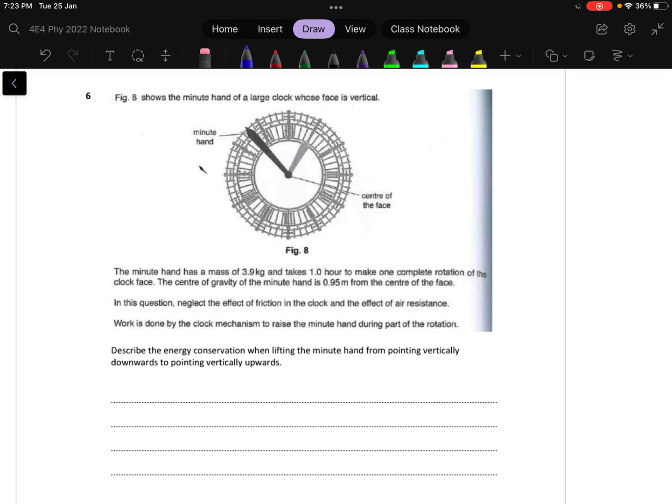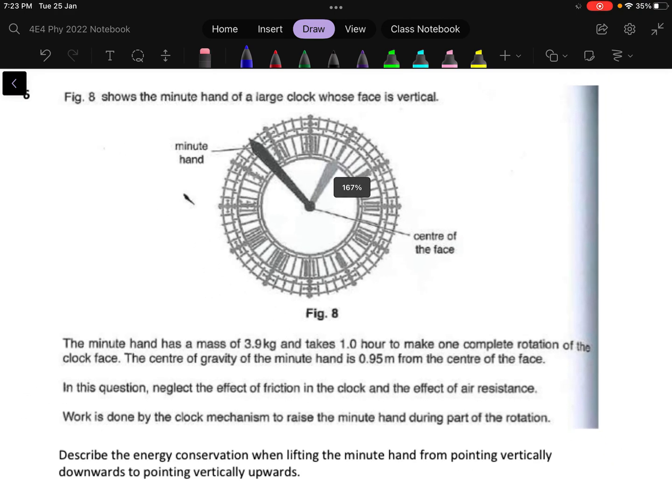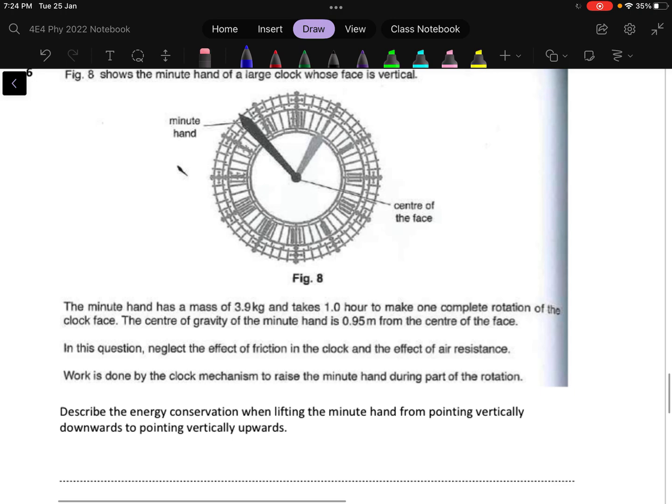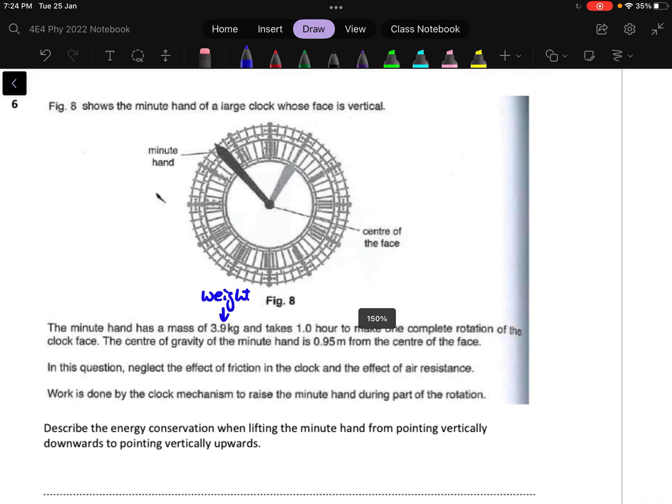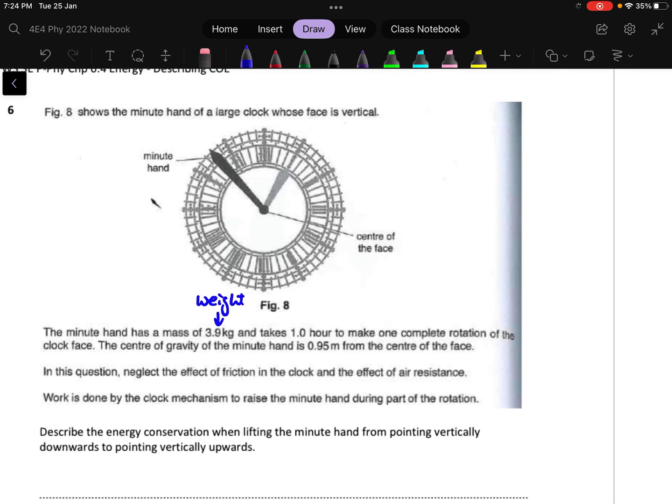Right? I tried to combine the idea of CG with some thinking logic. Okay, so there's a mini clock down here which is vertical. The minute hand has a mass, so this means that there will be weight, right? And it takes 1 hour to make one complete rotation, obviously. The CG of this is 0.95 meter from the center of the face.